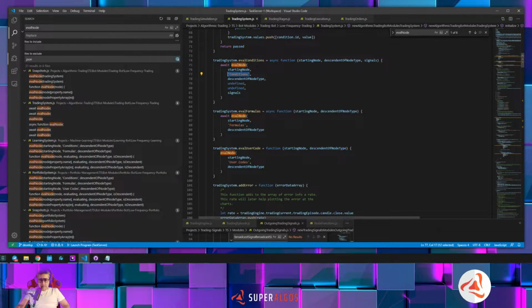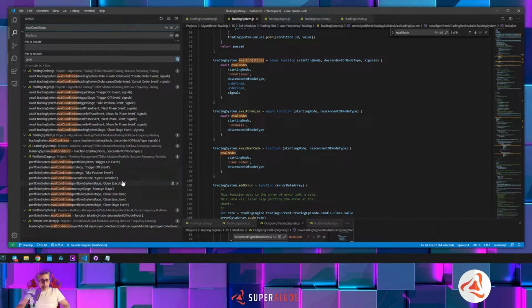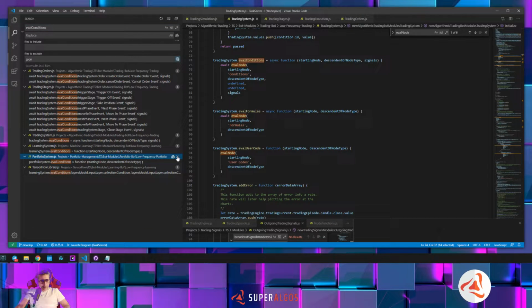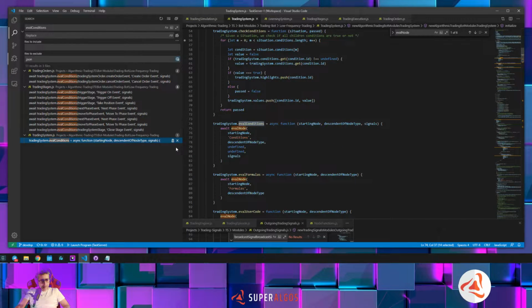So our problem is with formulas, but let me check a little bit where conditions are evaluated. This is portfolio, this is TensorFlow, this is learning.